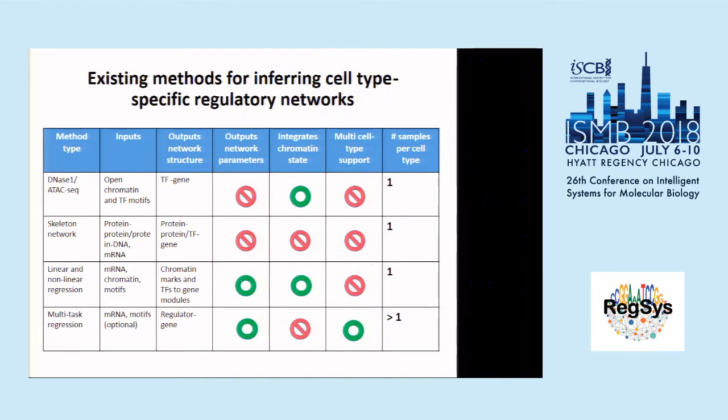Multitask regression methods that infer expression-based regulatory networks simultaneously for multiple cell types have been successful in learning regulatory networks for multiple cell types at the same time, overcoming the small sample size problem by sharing information. But in our case, we find that there are many cell types for which we have only a single sample of expression data. And so our question is, how do we learn a parameterized network with so little data?